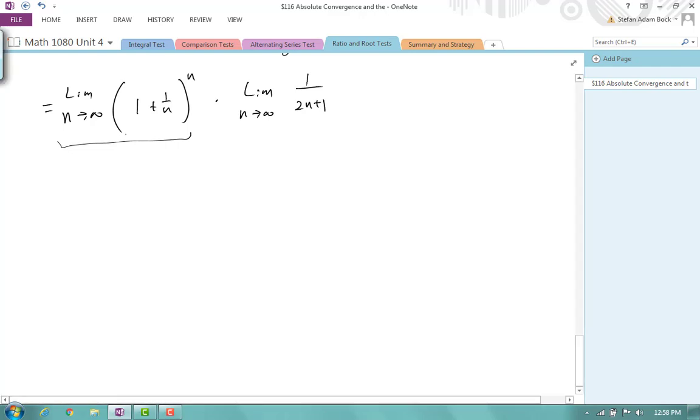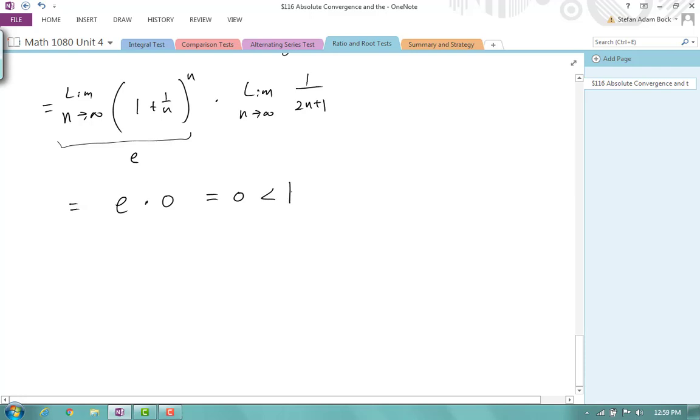But this right here is actually the definition of e. If you go through the process of using logarithms and L'Hopital's rule to solve this first limit, you will get e. So this is equal to e multiplied by 0, which is simply equal to 0, which is, of course, less than 1.